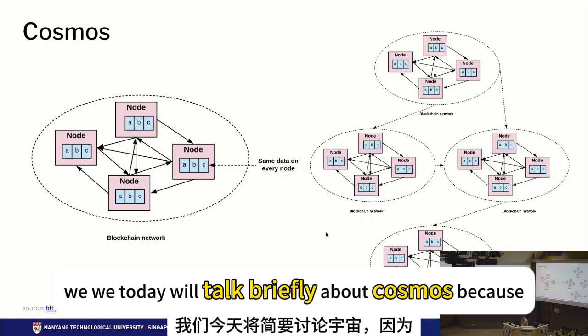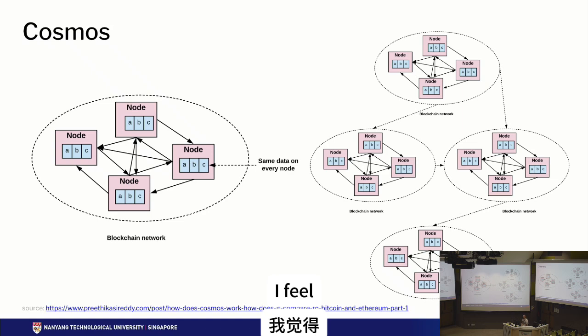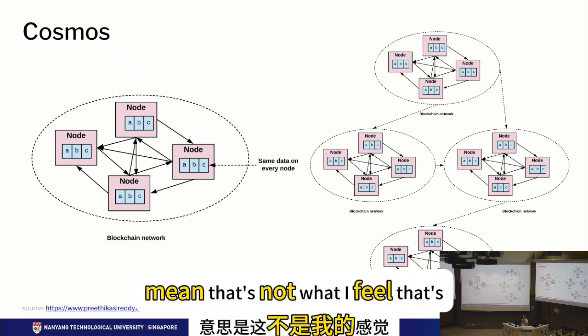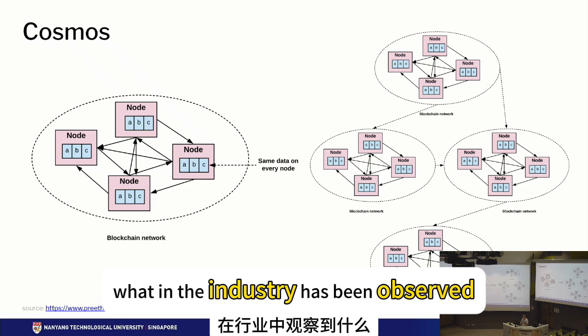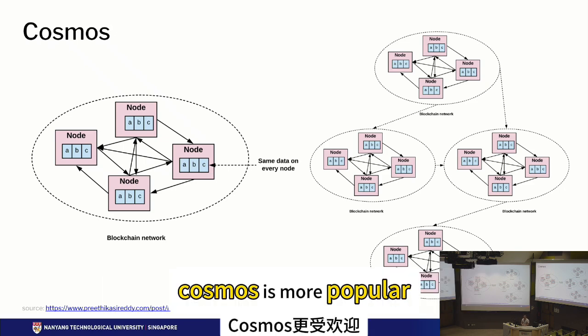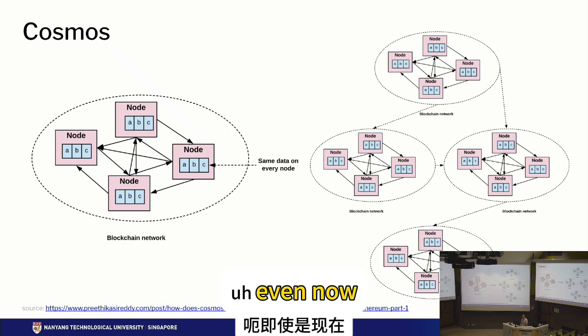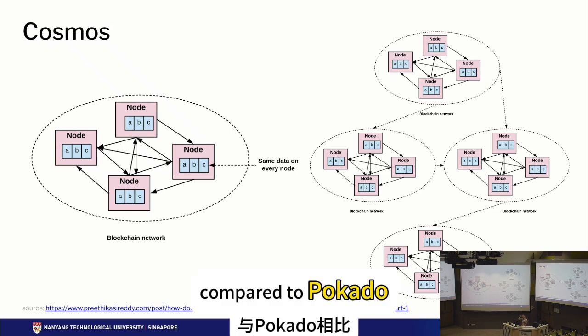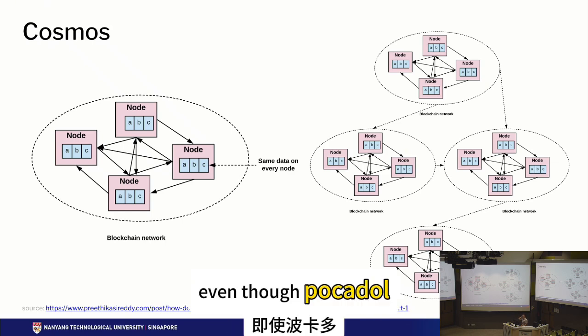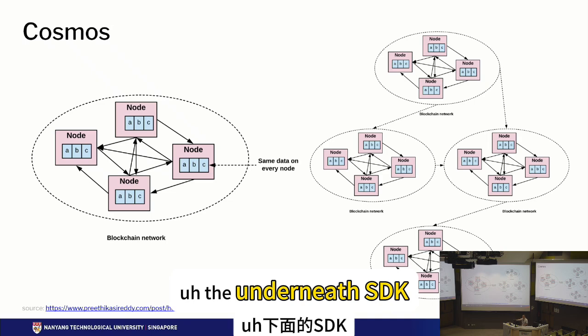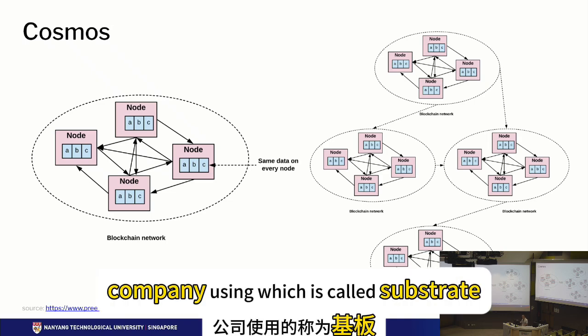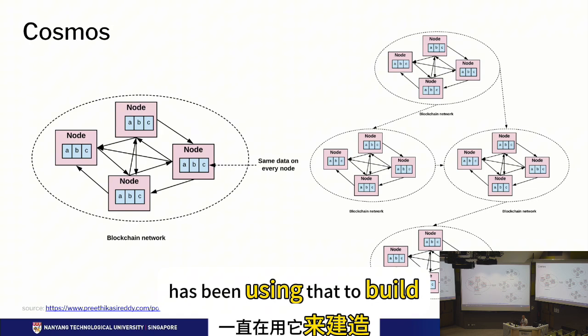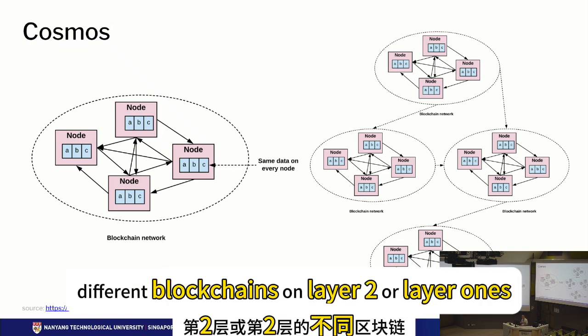Today we'll talk briefly about Cosmos, because that's what has been observed in the industry. Cosmos is more popular even now compared to Polkadot, even though Polkadot has its underlying SDK called Substrate, which has been used to build different layer 2s or layer 1s.